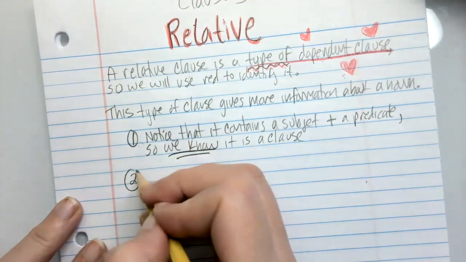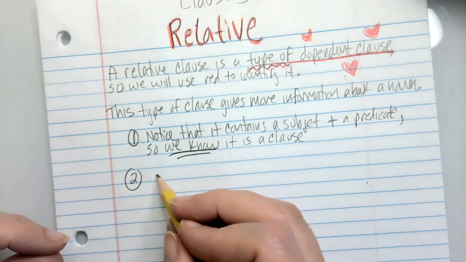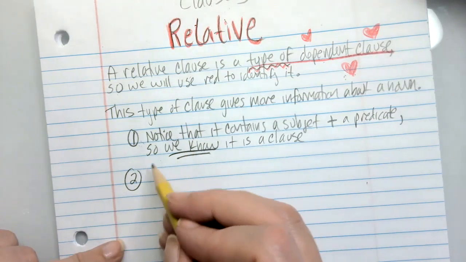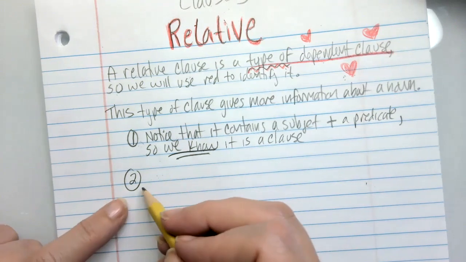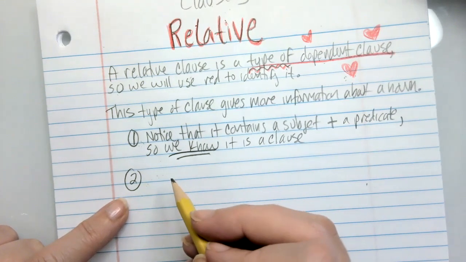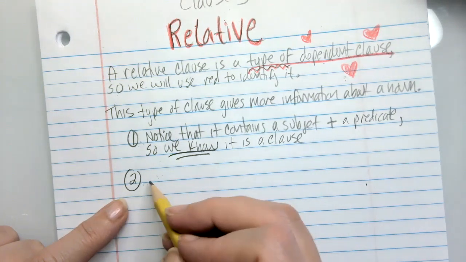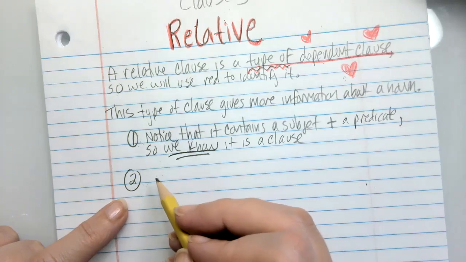Again, we don't want to ever cram anything together in our notes. Our eyes don't like to go back and look at things that are squished. Our eyes like to have white space. That's why white space is a big deal when you're taking notes. Even if your teacher doesn't include white space, you should include white space. Okay, the second thing we want to notice is that it does not make sense by itself.